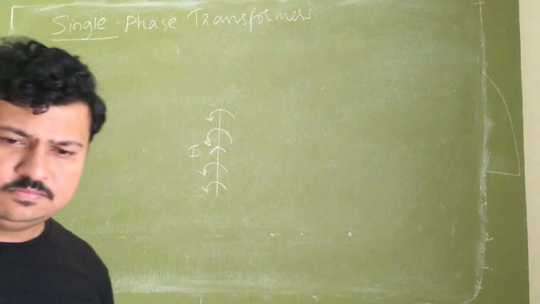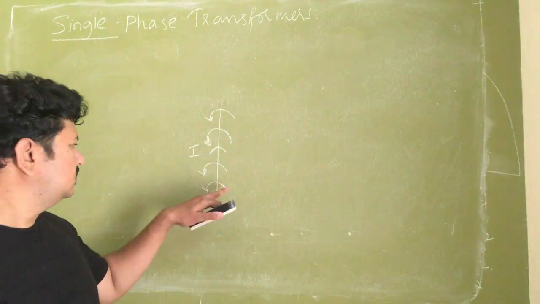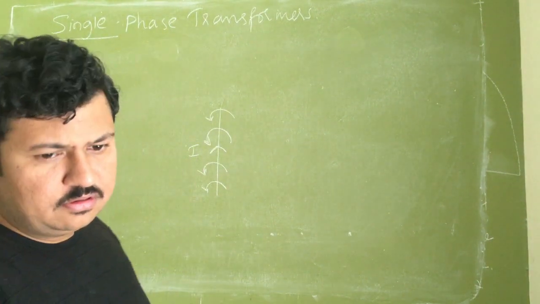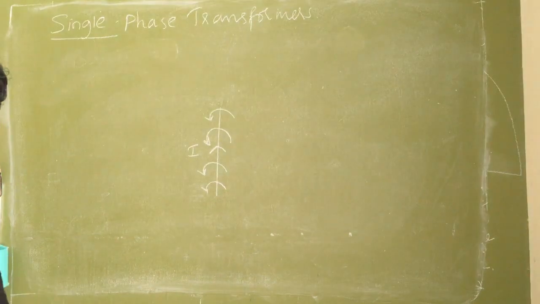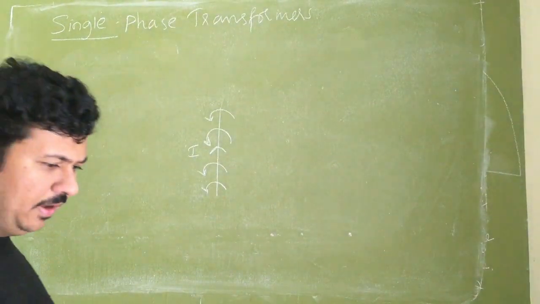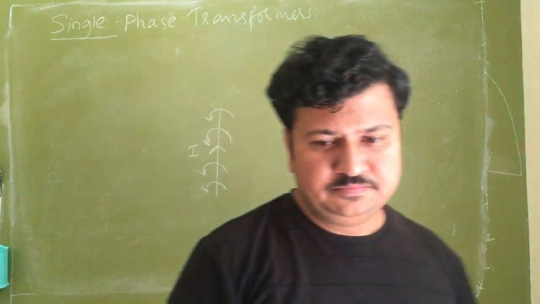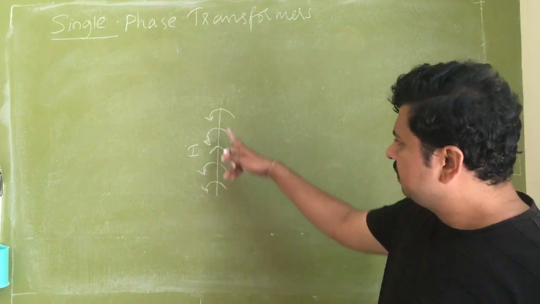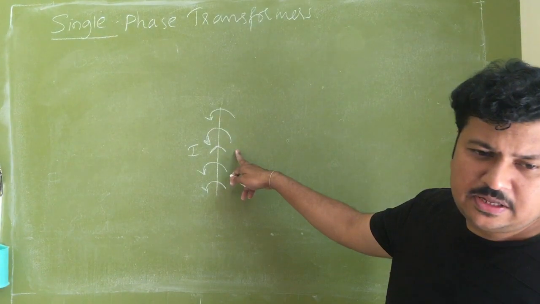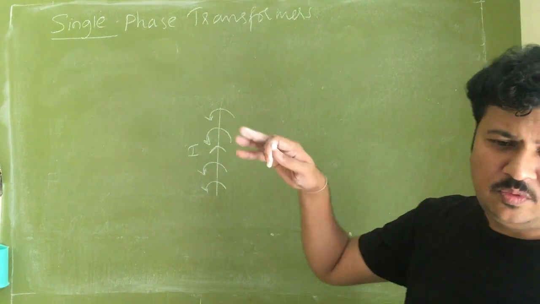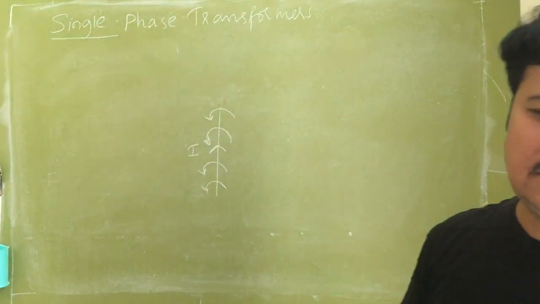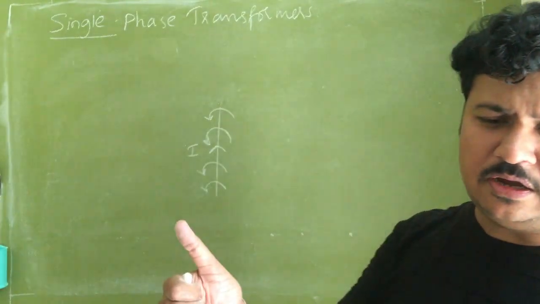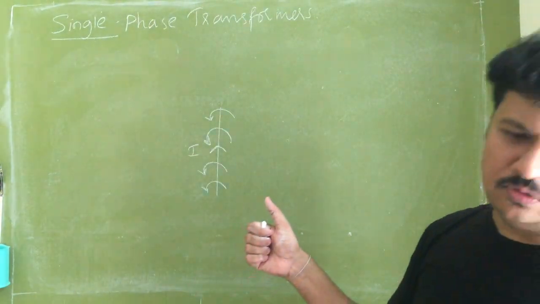How is this given? Right hand thumb rule. I think you have studied this in 12th standard or PU second or first, where you studied electromagnetism for the first time, or the magnetic effect of electric current. There you studied that whenever a current is carried by any conductor, that conductor will create some magnetic flux surrounding it, and the direction of magnetic flux was given by the right hand thumb rule or corkscrew rule.